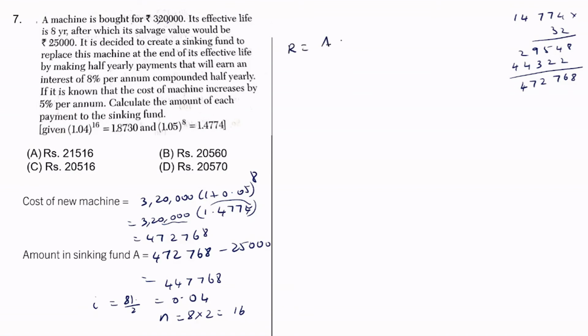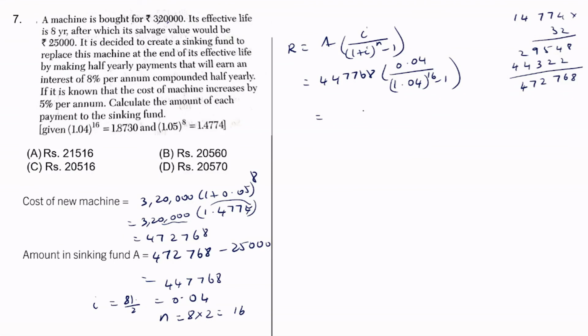So we have R as A into I upon 1 plus I the whole raised to N minus 1. So A is 4,47,768 into I is 0.04 upon 1.04 the whole raised to 16 minus 1.